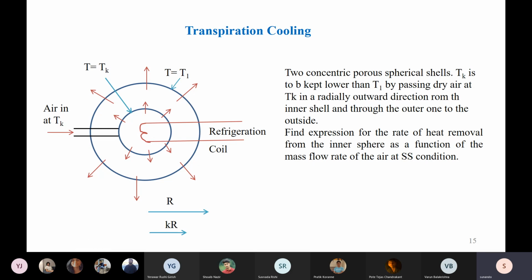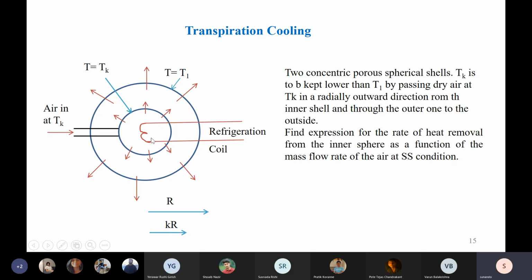In cryogenic situations, you have an inner core sphere where, let's say, you are storing liquid oxygen. It is to be maintained at a very low temperature. So one way of achieving that, apart from very good insulation, is to enclose it in a larger sphere which is porous, and the periphery of the inner one is also porous.